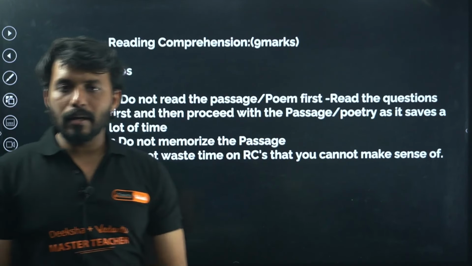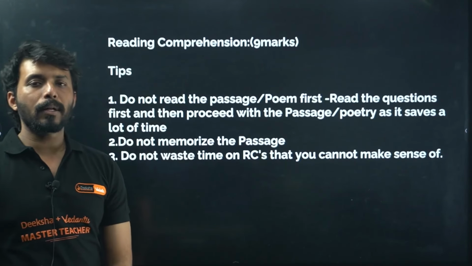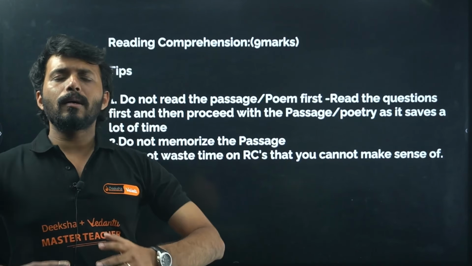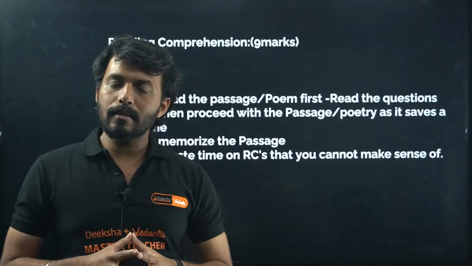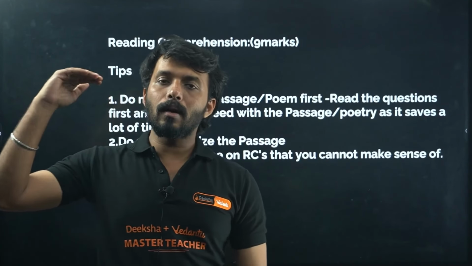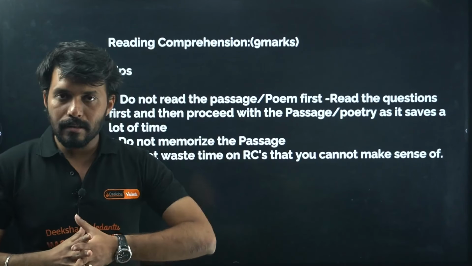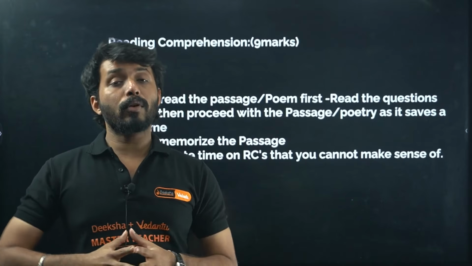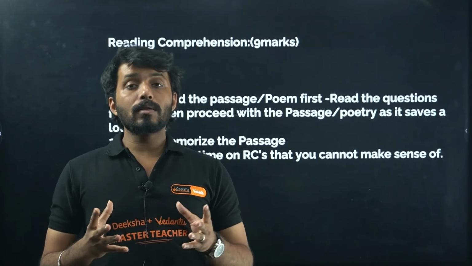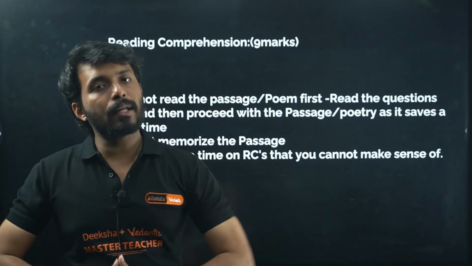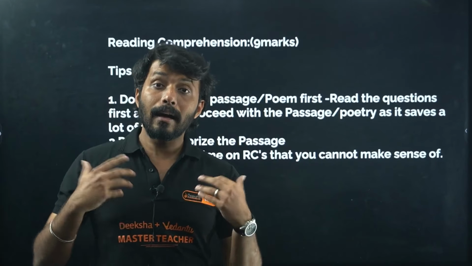So reading comprehension, 9 marks. To the CBSE and ICSE students, reading comprehension was a lot more difficult, especially when you were preparing for the 10th board exam, because you not just had to read the comprehension, you had to analyze them and write the answers.